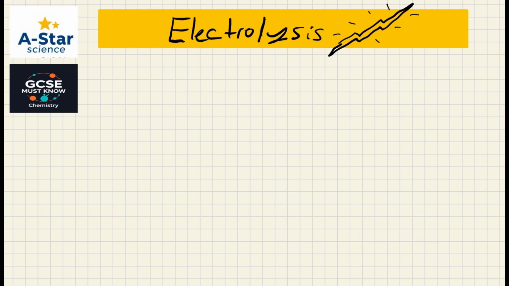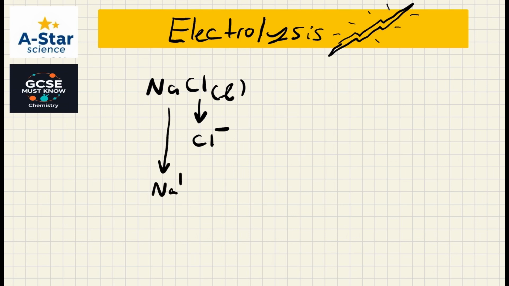Now, in order to fully understand what products are formed, we have to understand half equations. So if we had sodium chloride and that was molten, which is liquid, and we did electrolysis, we know that in the solution we have a chloride ion and a sodium plus ion.